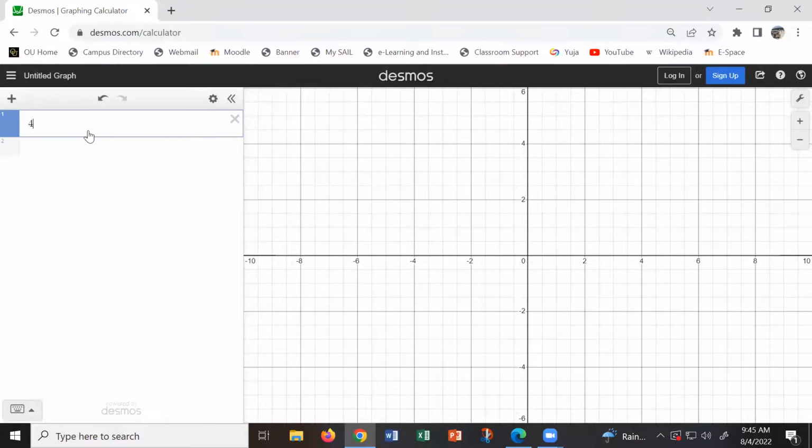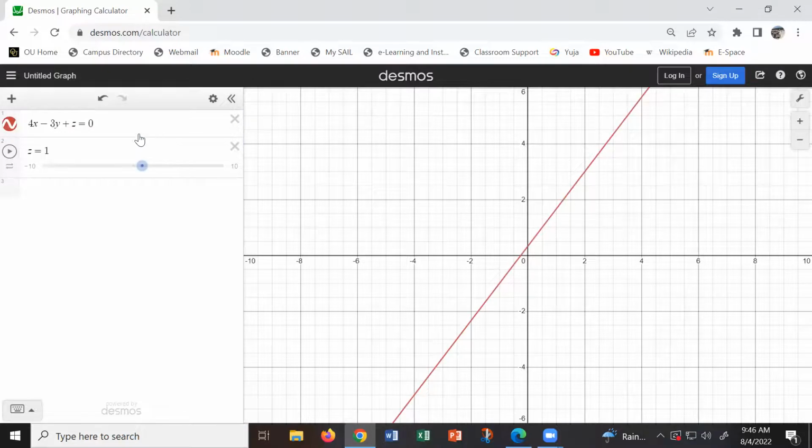So 4x minus 3y plus z equals 0. I guess they don't take it. No, they don't take this form.